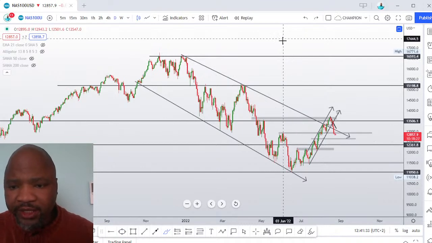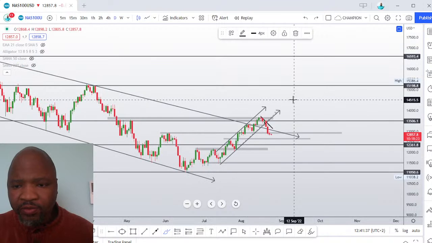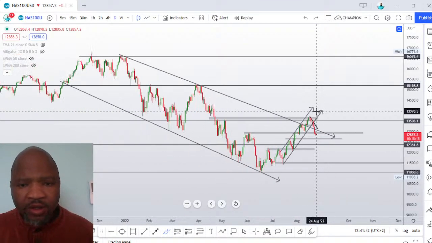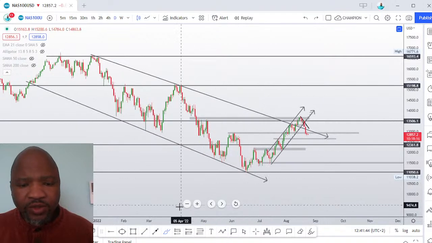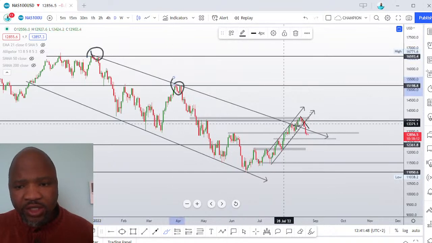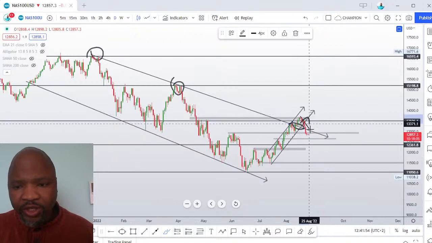We had a first touch, second touch, and we broke the trend at the third touch, and the price was moving towards the upside.